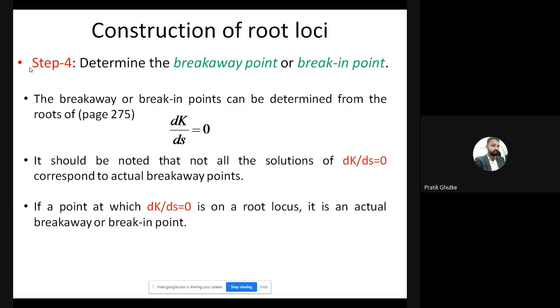The breakaway point lying in the root locus region is a valid breakaway point, and one not lying in the root locus region, on the non-root locus region, is not the actual or valid breakaway point or break-in point.